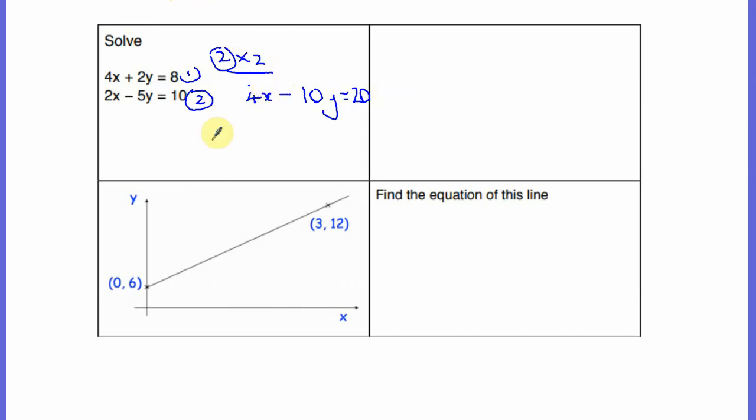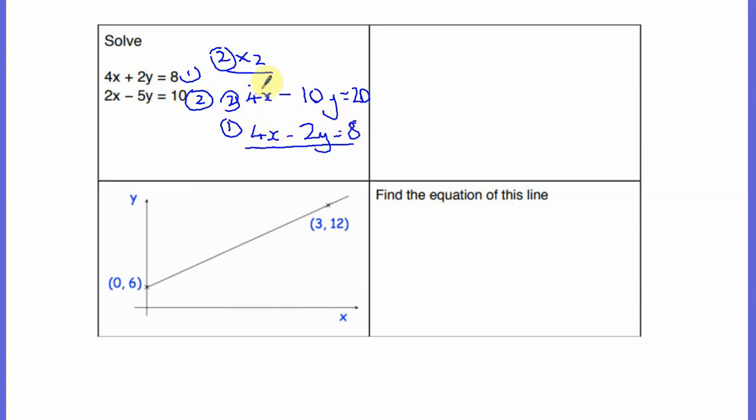Okay. Now, if I go back to writing equation 1 underneath, so equation 1 is here, that's my new equation 2. That's going to be 4x minus 2y equals 8.